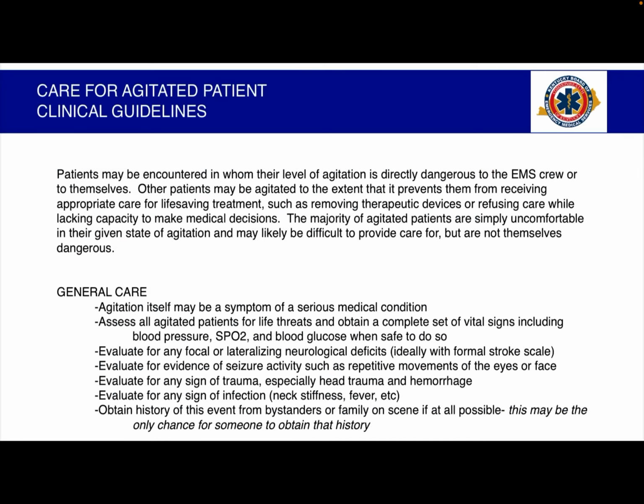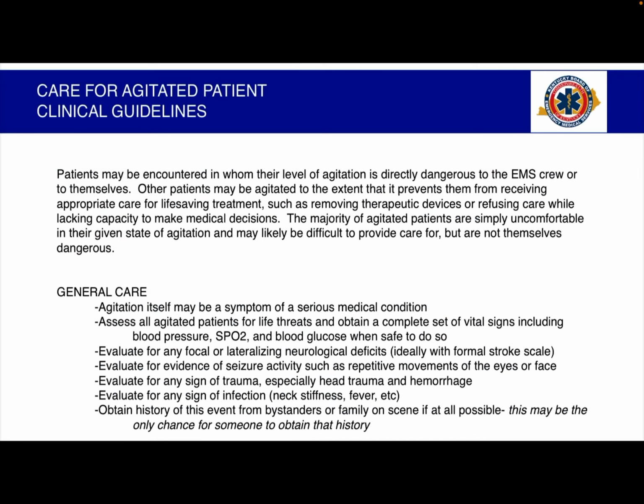We've all seen it when the little old ladies get UTIs and they get septic from it. A lot of times it'll alter their mental status. It doesn't always make them combative, but from time to time it does alter their mental status to that point.